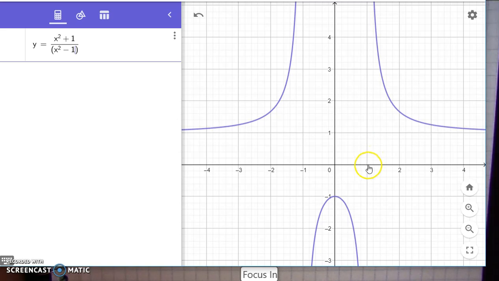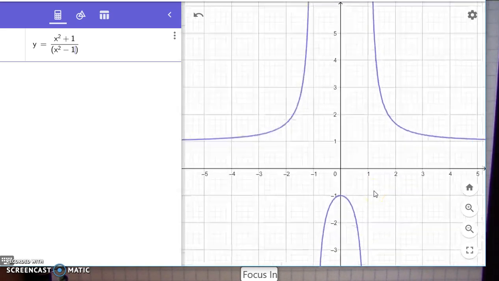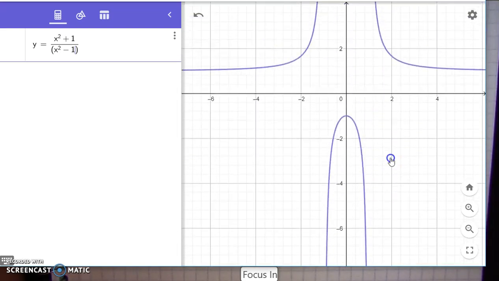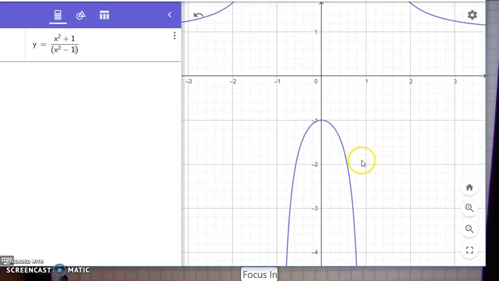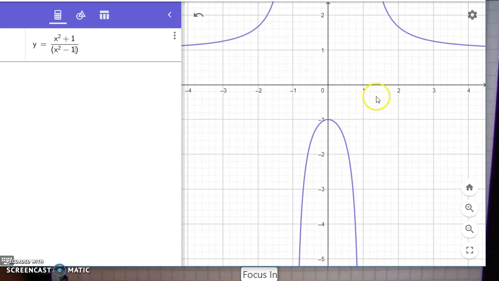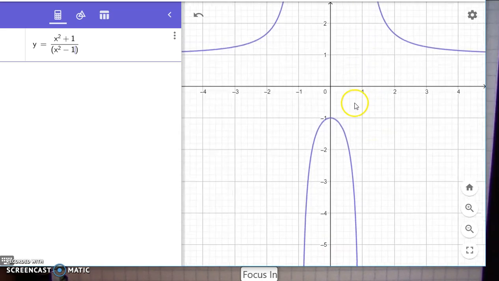So coming in here, here's our value of 1, and here's our value of -1, and you can see just by inspection that this is where your vertical asymptotes are.